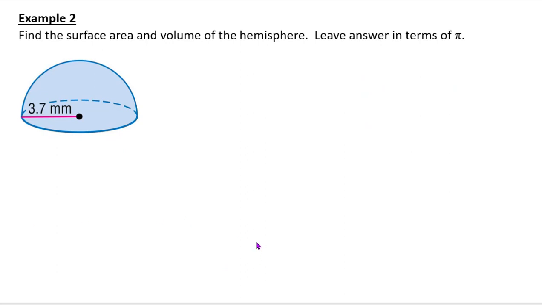So that's a super basic example. Example 2. Find the surface area and volume of that hemisphere. So surface area, I can't remember what the book does, but that's half the whole area plus also the area of this bottom piece, I believe. Now, if I'm wrong, I'm wrong. So the bottom piece is pi r squared.